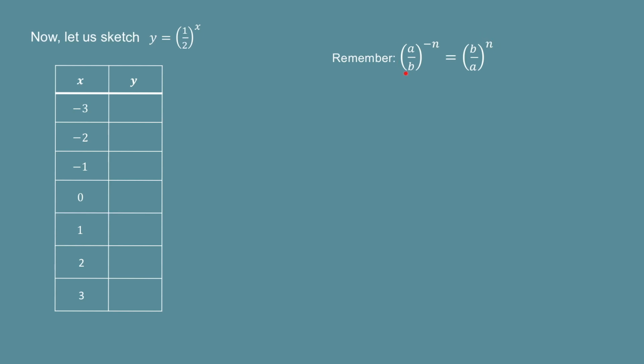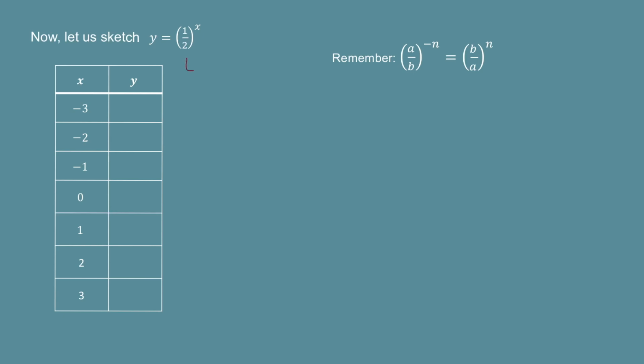So again, I'm going to be using this property of powers in order to figure out the y values that correspond to each of these x values. Let's go ahead and do that.